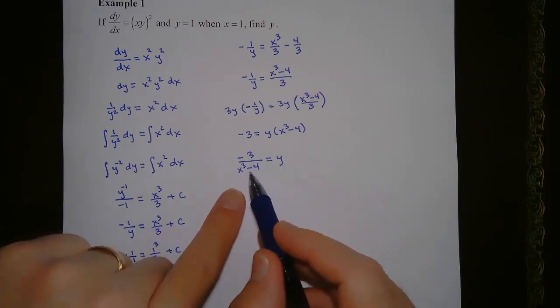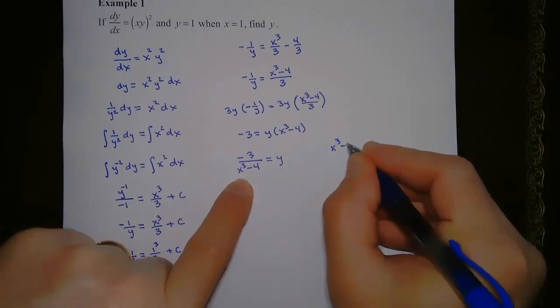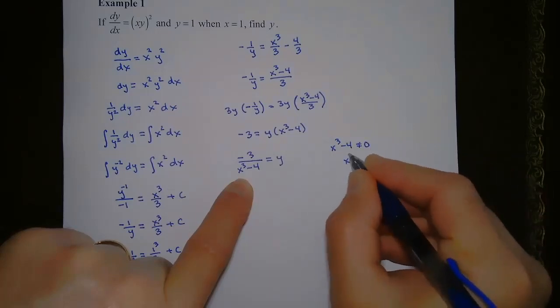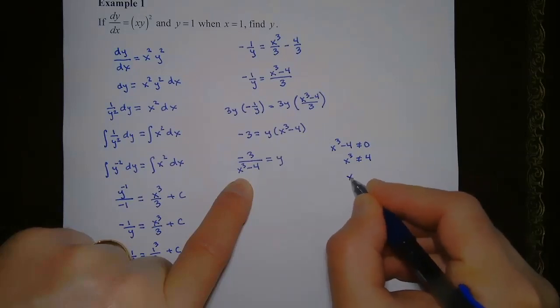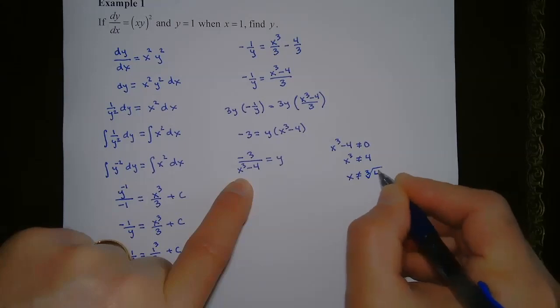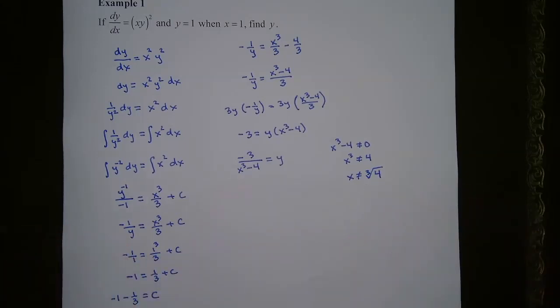Because this denominator can't be 0. Okay, so what we have is x cubed minus 4. That can't be 0, okay? Which means x cubed cannot be 4, which means x cannot be the cube root of 4. Okay, so that's the only x value that we cannot use.